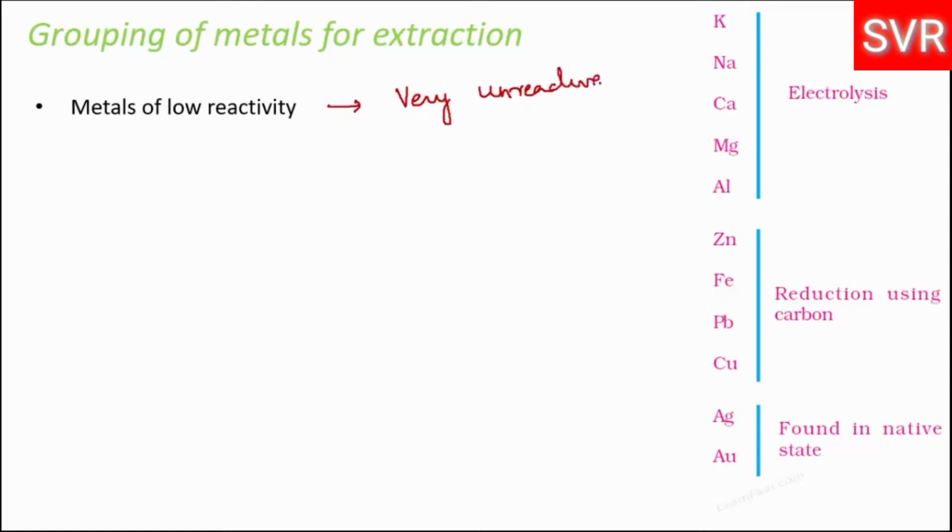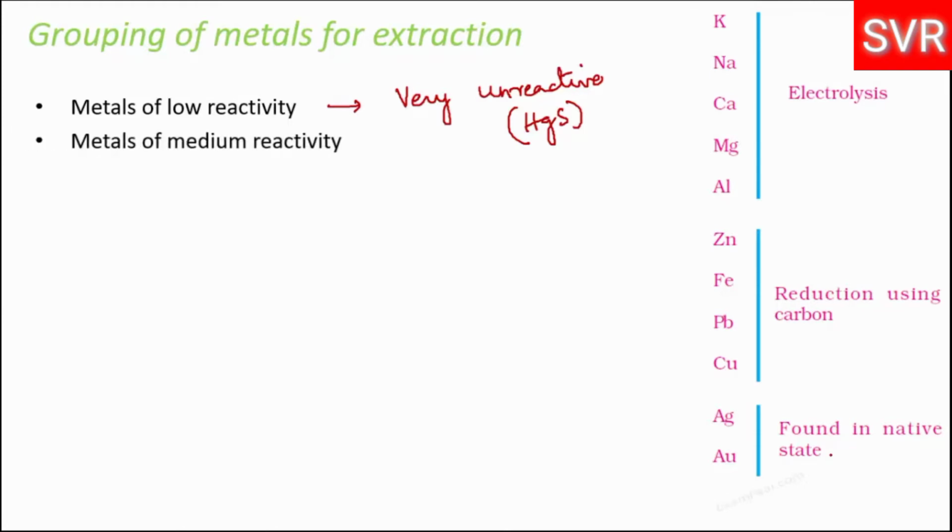That is, they do not react much. One such example is an ore of mercury, that is HgS, the sulfide ore of mercury. This is an unreactive ore and therefore it falls under the category of low activity series. All these ores are generally found in their native state. So this is our first category.